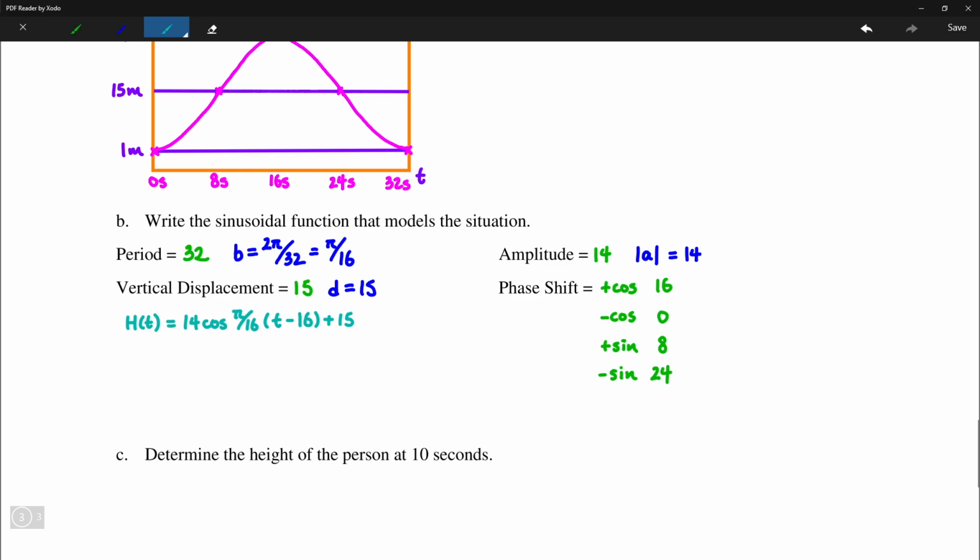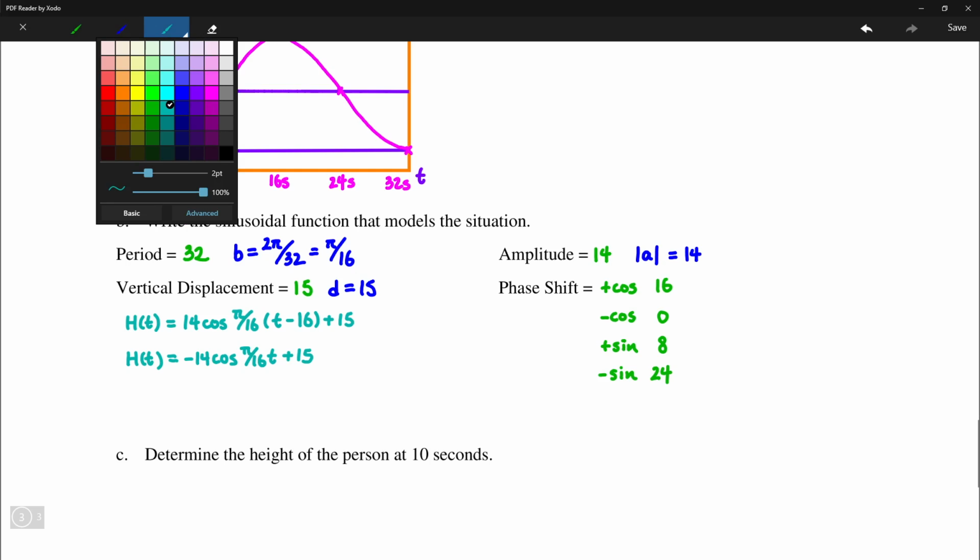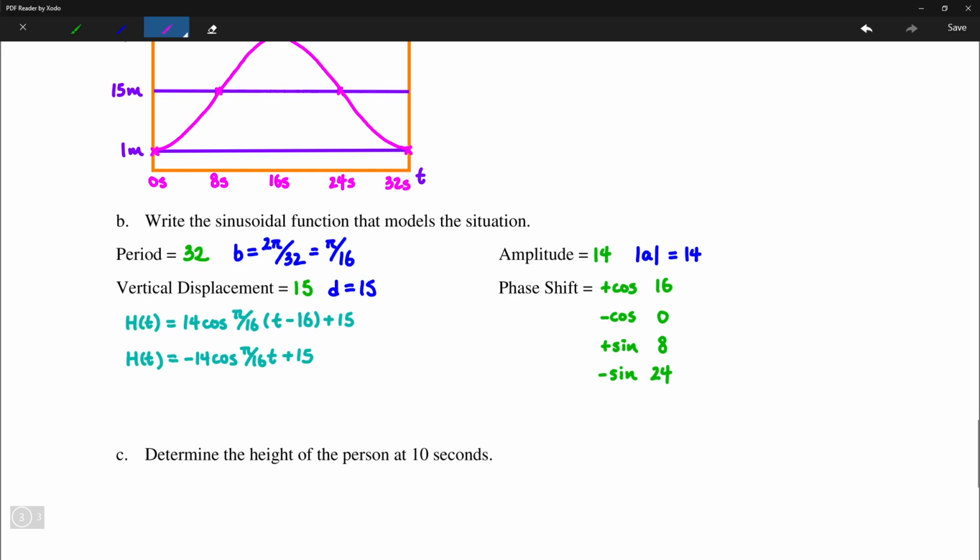So that's one possibility. A different possible equation is h of t is equal to negative 14 cosine pi over 16 t, and then plus 15 because the phase shift there is going to be 0. And then the 2 different sine functions we could write. The first one is h of t is equal to 14 sine pi over 16, and then t minus 8 plus 15.